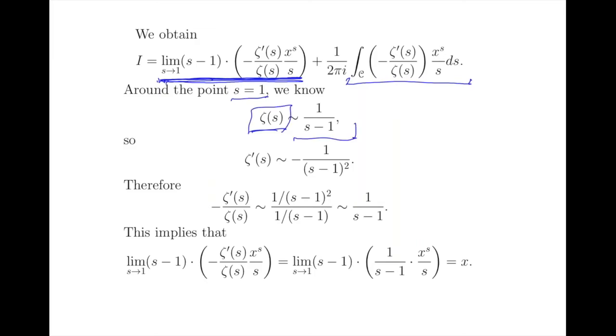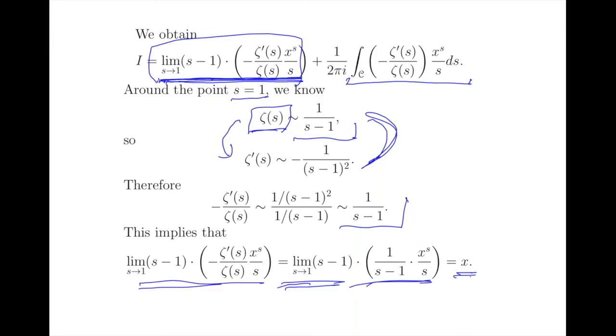Then differentiating, zeta prime is asymptotically equal to 1 over (s minus 1) squared. So zeta prime over zeta is asymptotically equal to 1 over s minus 1. Therefore the residue of this quantity is equal to this one, and finally equal to x.